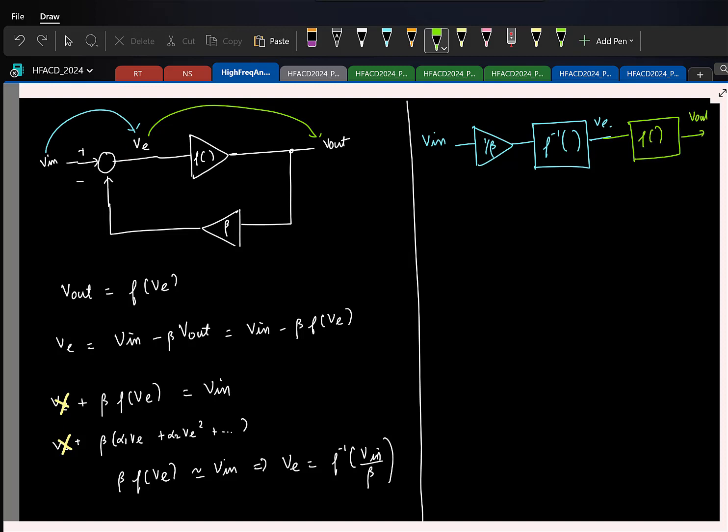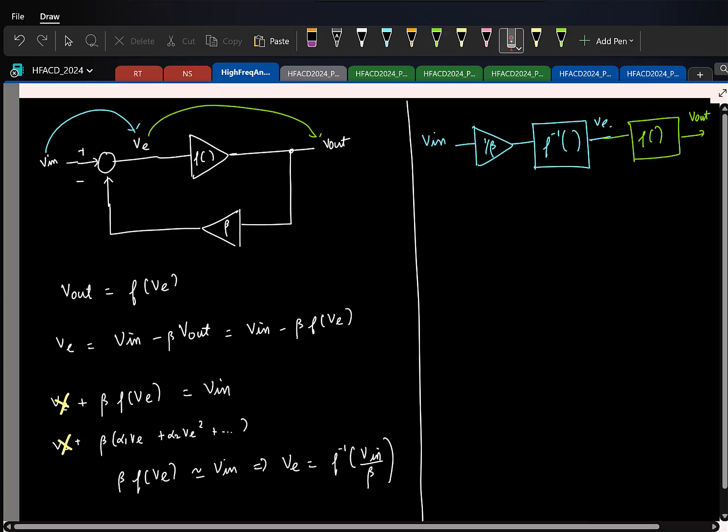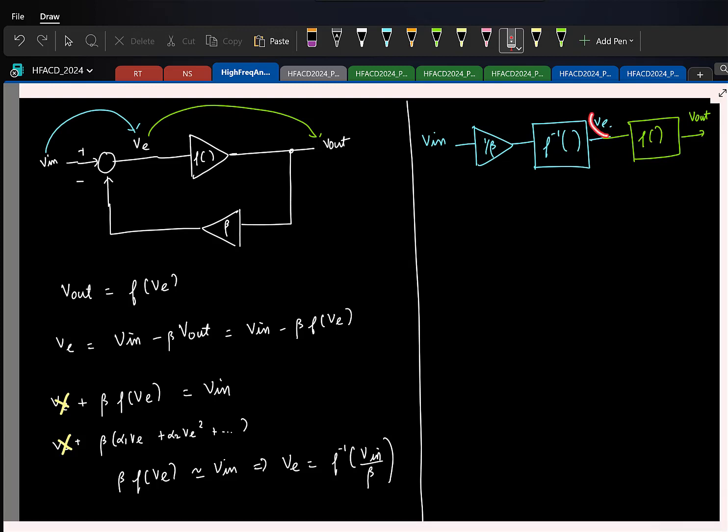So now we can clearly see this negative feedback loop operates in such a way that it first generates an error signal VE, and that error signal VE is related to my input through the inverse nonlinear function, right? So which means now if I follow it up with my actual nonlinear block, these two kind of cancel, so you end up with a purely linear operation.